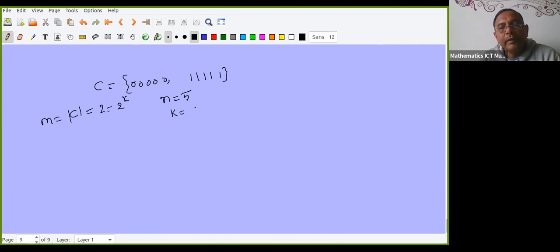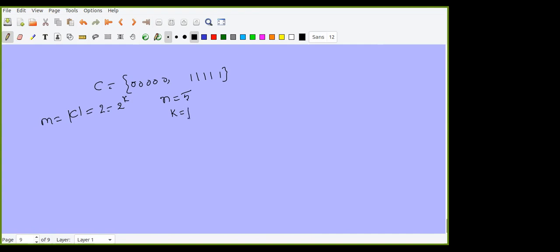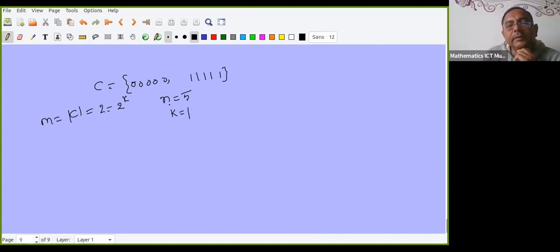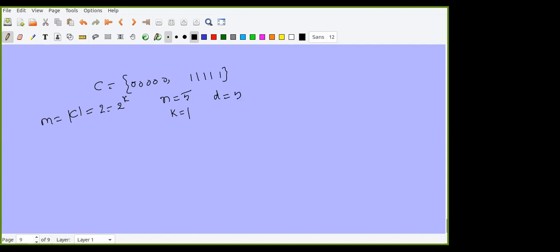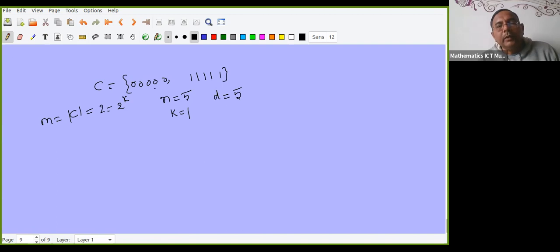K is 1 and n is 5. Next, what is the distance? It is 5, because only 2 words are there and their distance is 5. Otherwise, only one non-zero vector is there whose weight is 5. That way also we can say. Now tell me any vector you like of length 5.